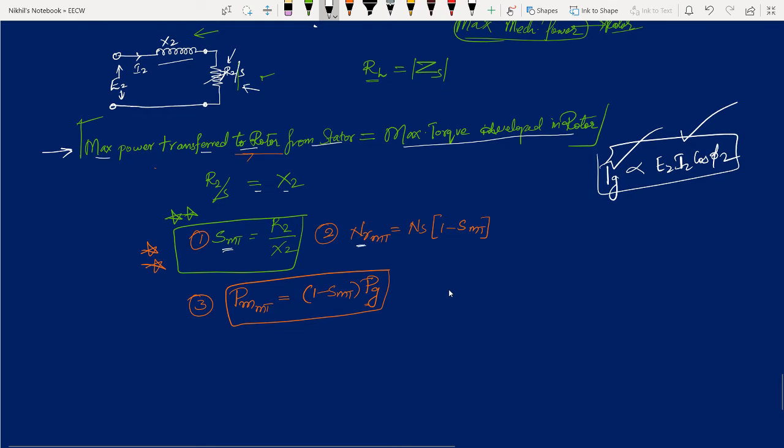And what is the rotor speed at this condition? The rotor speed at maximum torque developed condition is ns into (1 minus s mt). And the mechanical power developed under this condition is (1 minus smt) into Pg. Understood? So this is when you are considering only rotor parameters, neglecting the stator parameters.